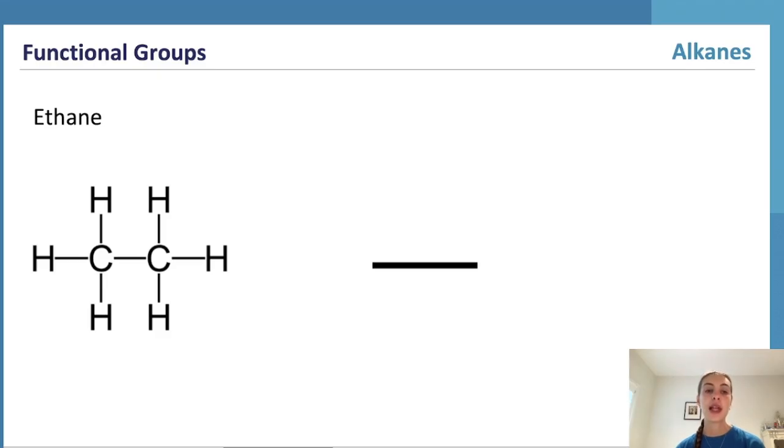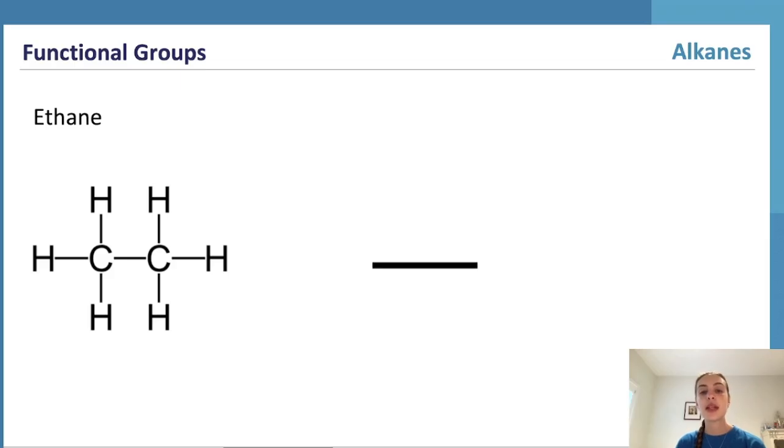So on the left, we've got the structural formula, and then we've got the skeletal formula. The structural formula shows each individual atom and how it is bonded to every other atom, whereas the skeletal formula shows this but without any letters to denote what these are.